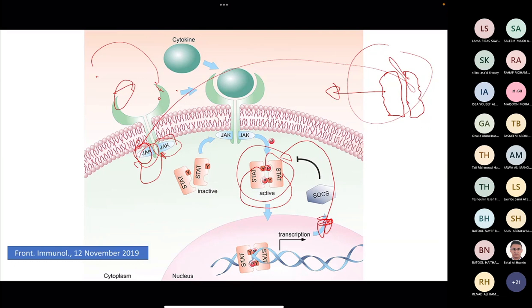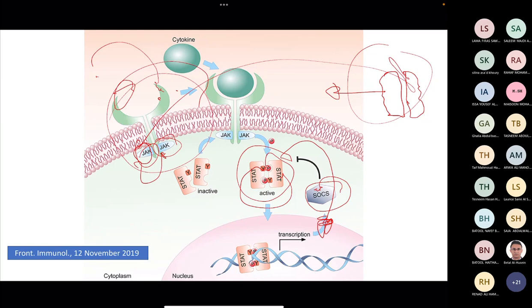Now, this system is inhibited by silencer of cytokine signaling, or SOCS. So, as the name implies, these JAK receptors are common receptors for components called cytokines.